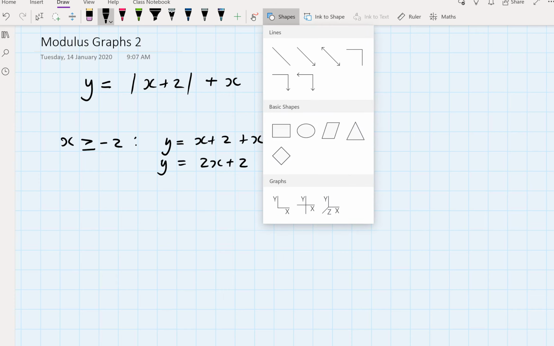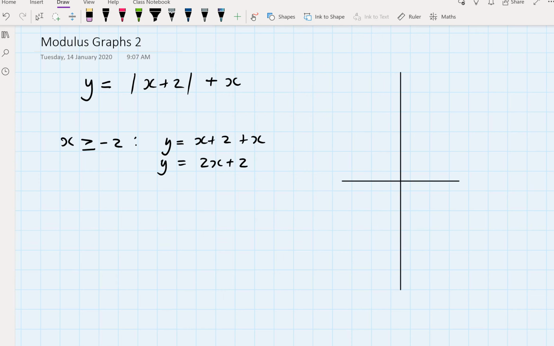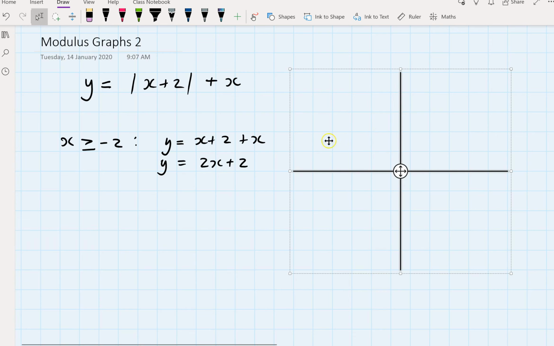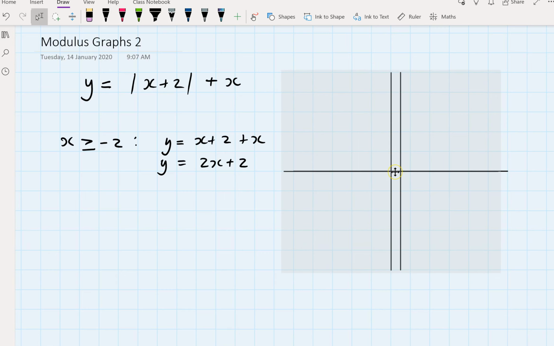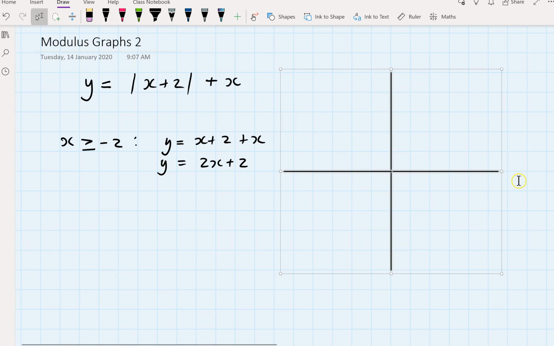So let's get some axes up and get that in the right sort of place. There we go. And the critical line that we're looking at is when x is at minus 2. So I'm just going to put a little dotted line down here to indicate that things are going to be happening around that line.